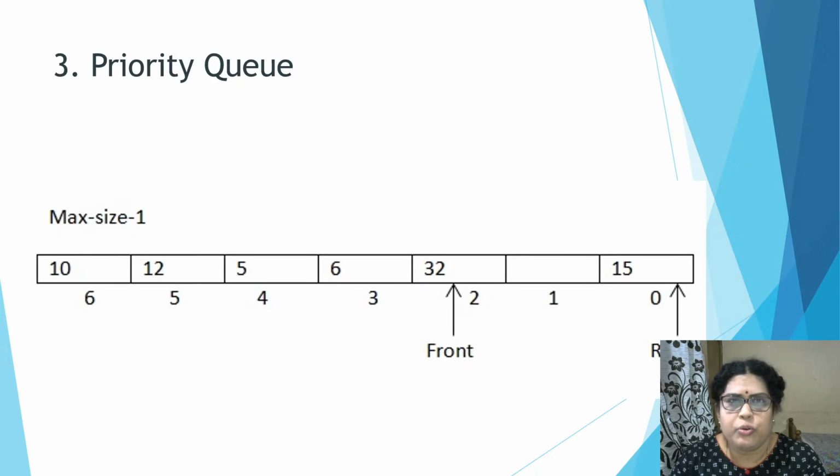Some rule like that would be given for them. Like that, a priority queue is not going to just start from the front end. The rule that deletion happens in the front and insertion happens in the rear doesn't work here in priority queue. So some of the elements can be removed first and some other elements can be removed later.